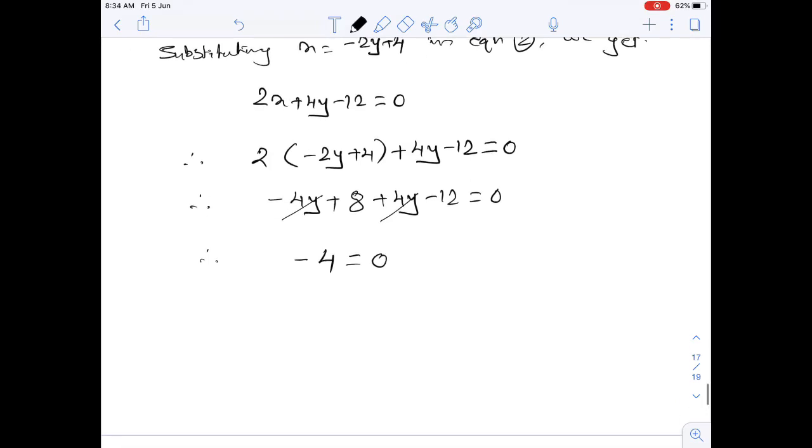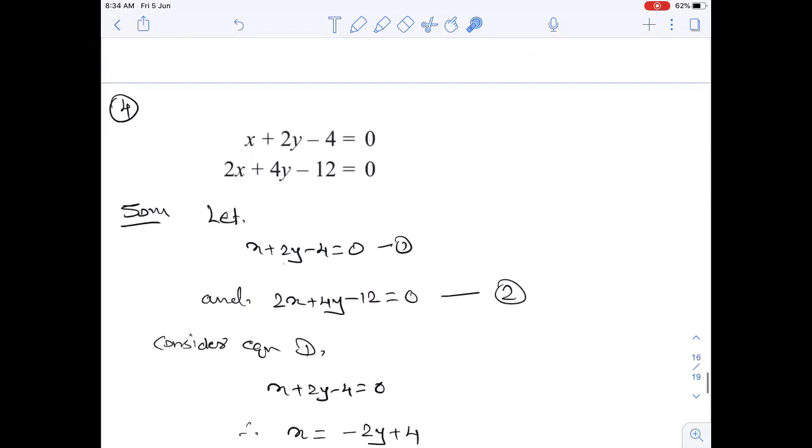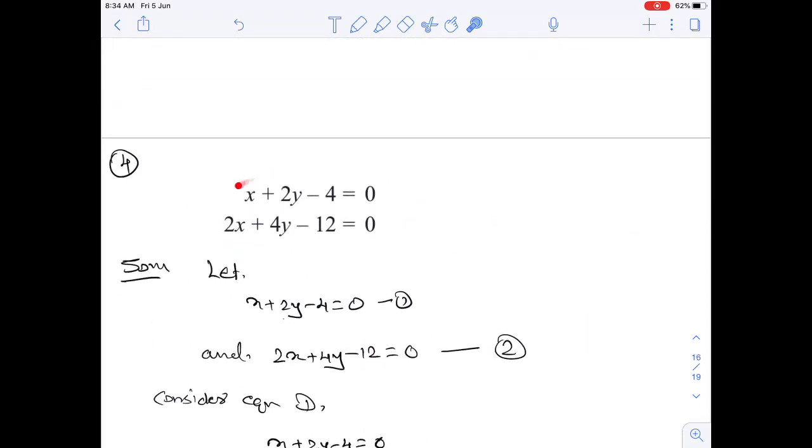Now here we need to remember one thing: this value of LHS is not equal to RHS. So whenever you are solving a pair of linear equations and we get such a condition where LHS is not equal to RHS, it means that the given equations are inconsistent, or we can say that they do not have any solutions. The given statement is false, and we can have no solution for such type of equations.